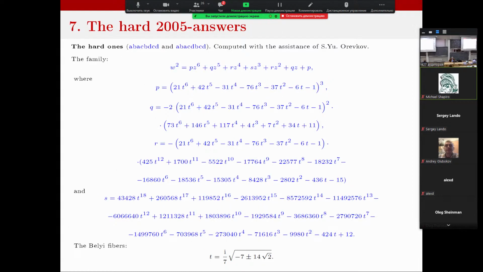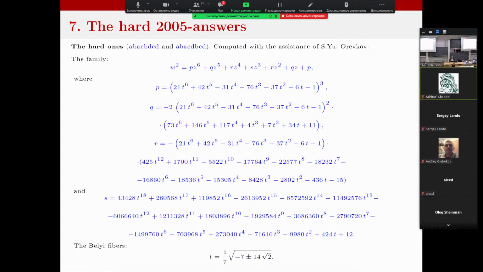So now, what is so interesting about this polynomial of degree 6, which appears in the coefficients p, q, and r? Yes, 21t to the 6. Yes, that's correct.